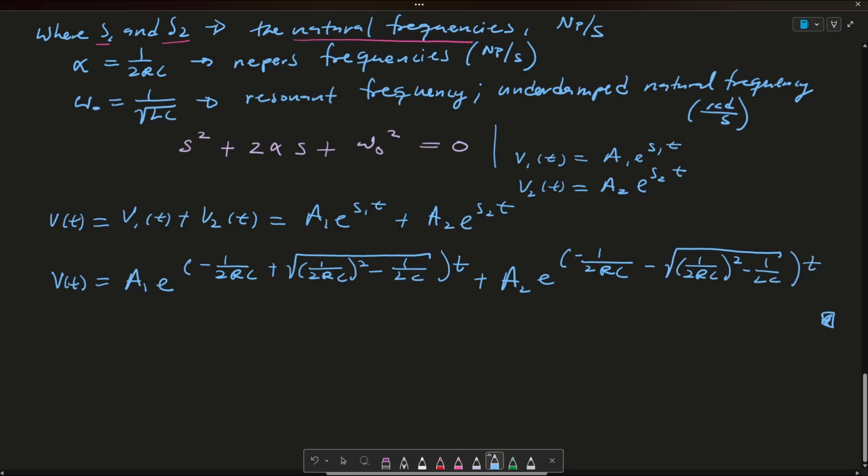And this here is the solution, or the natural response, to this voltage of the source-free parallel RLC circuit. So let me go ahead and box it.